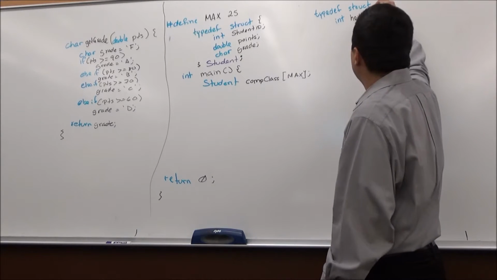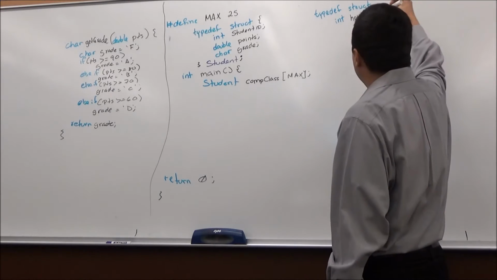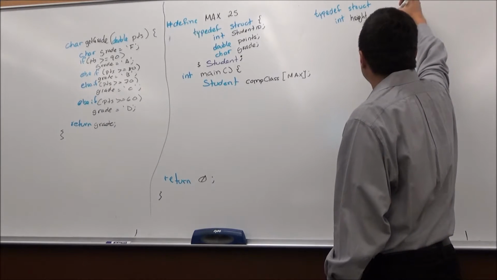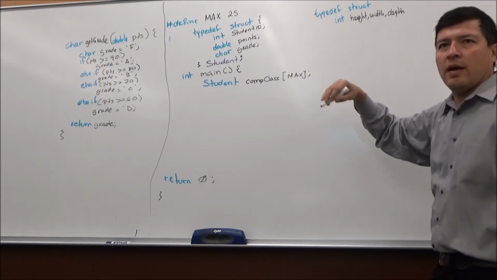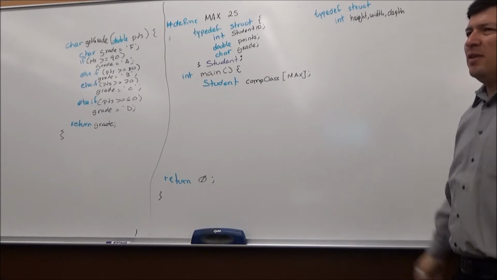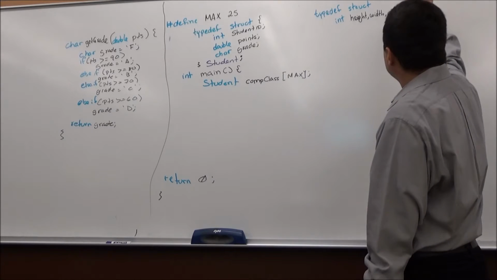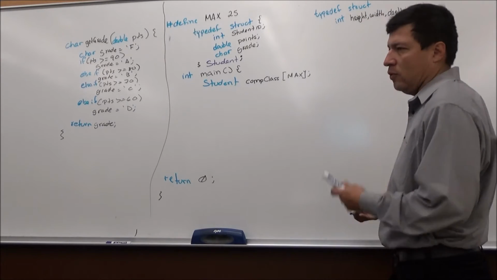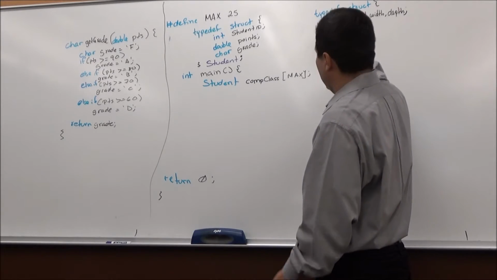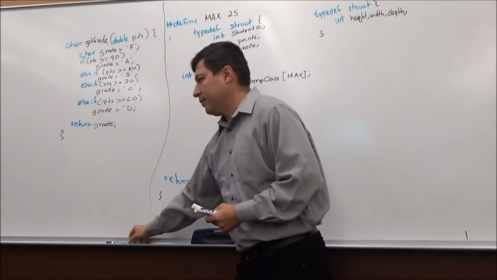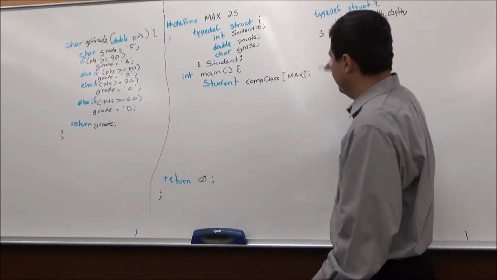It has a width. Maybe it has depth. It could have a color on one side, color on the other side. It could have materials. You start thinking of a bunch of attributes, and you put them all together. So I'm just gonna use those three for the example. And this is its own data type, and I'm gonna call this wall. Okay?